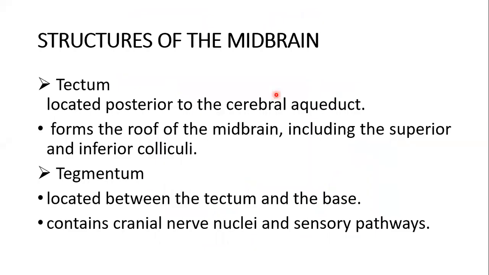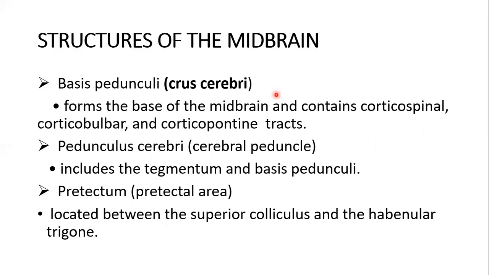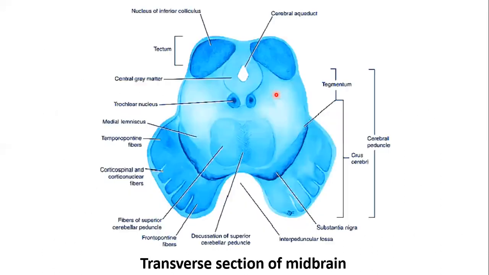So this is the structure, and then there are the crura I told you about, and that's the cerebral peduncle. What is that? You see this cerebral peduncle. So the tegmentum and the crus cerebri together form the cerebral peduncle.